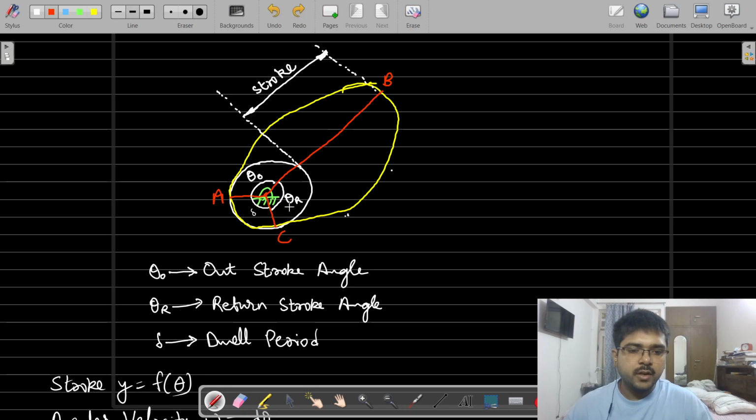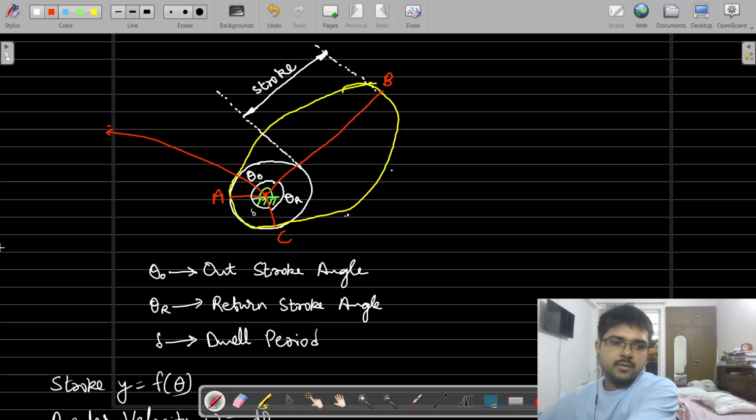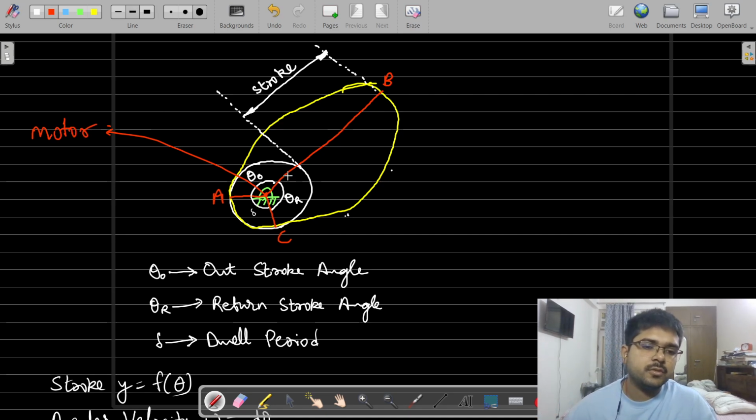And we have theta naught, theta r and delta here, and at this position there is a motor connector. So this is how the cam moves.